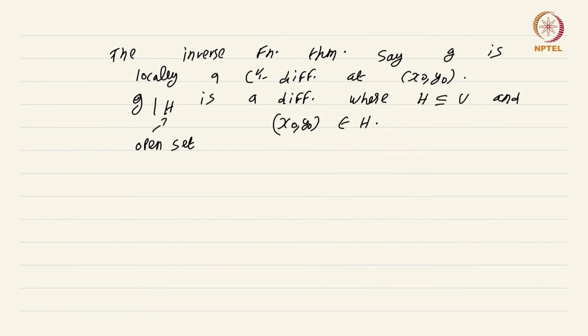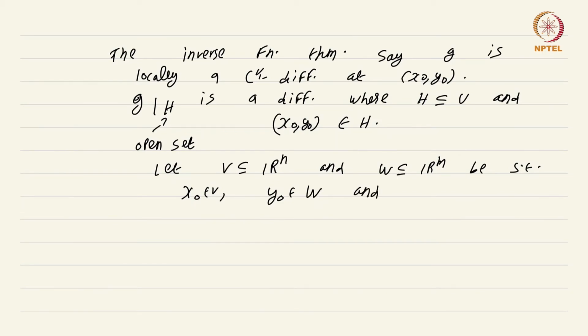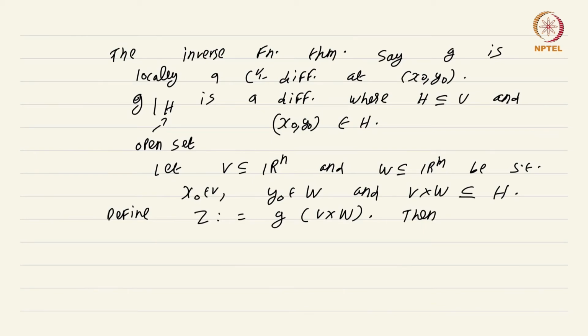Now what we do is let V subset of Rn and W subset of Rm be such that x0 is in V, y0 is in W, and V cross W is a subset of H. And define Z to be the image of V cross W under G. Now because G is a diffeomorphism, Z is an open set in Rn plus m.